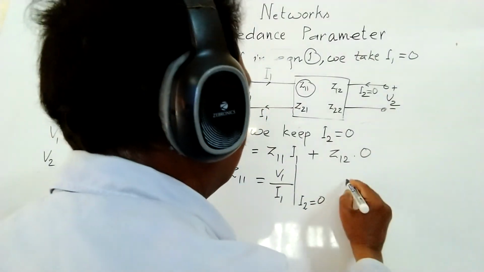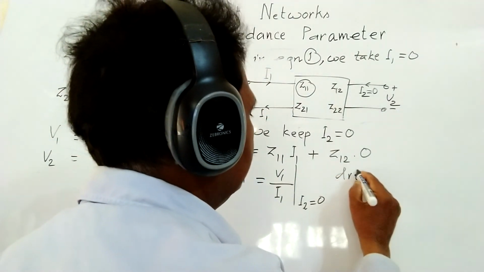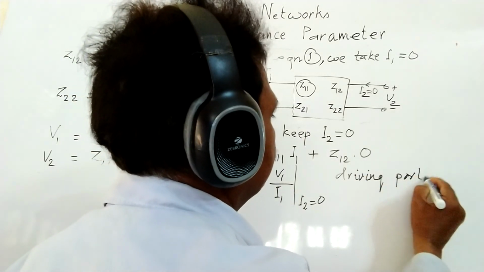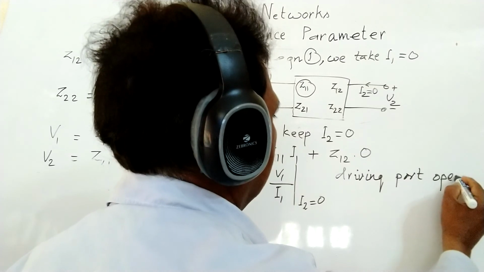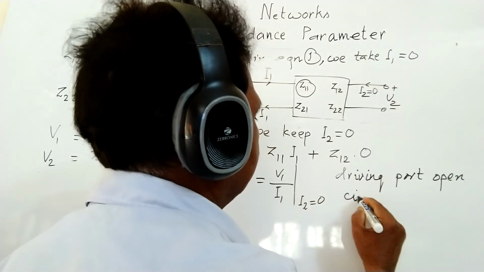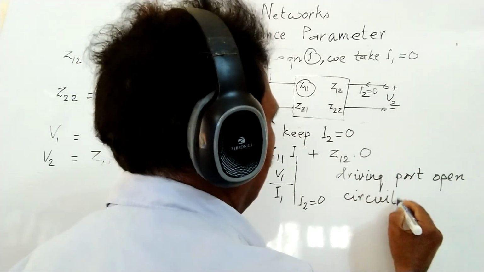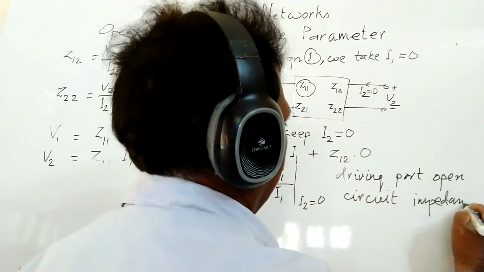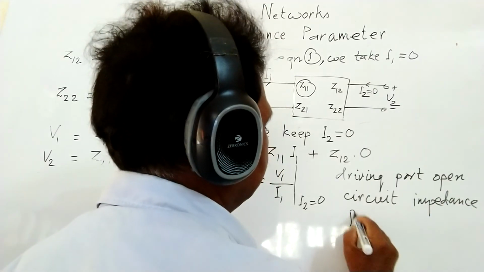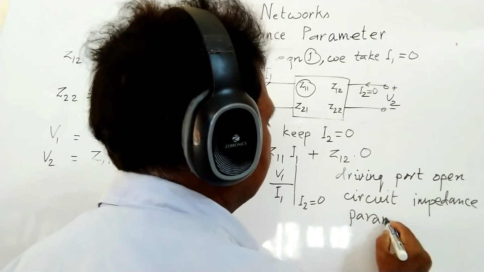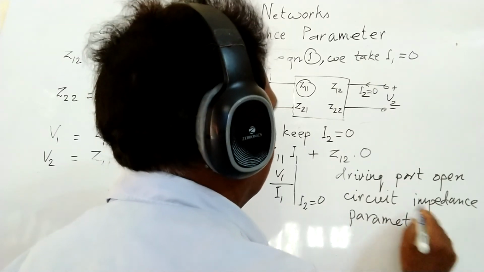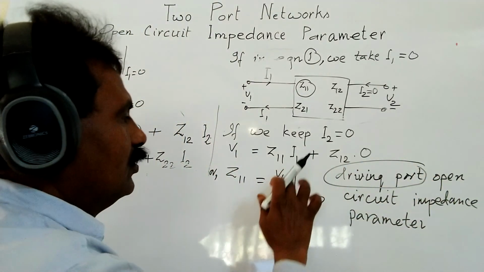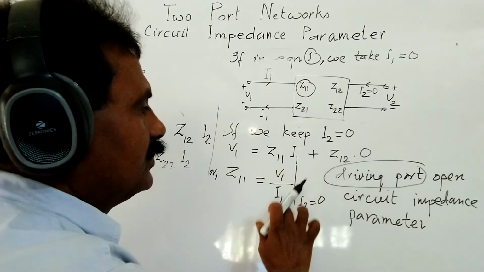Therefore the complete name of this one is driving point open circuit impedance parameter, the ratio of voltage and current of the same port.